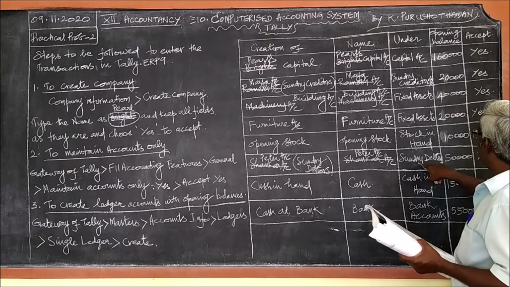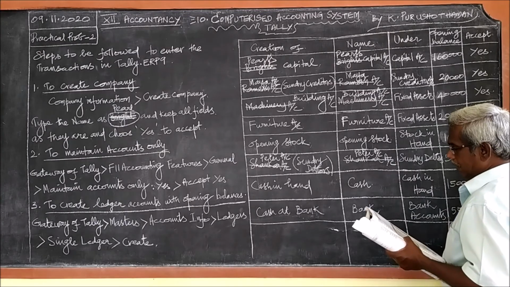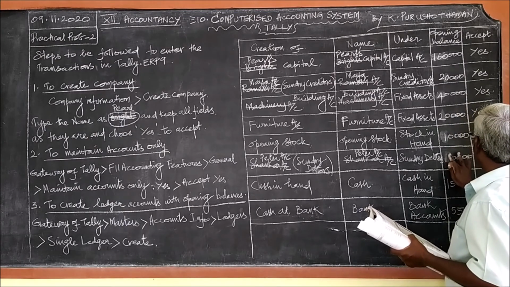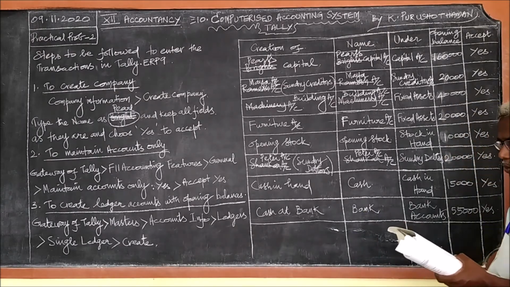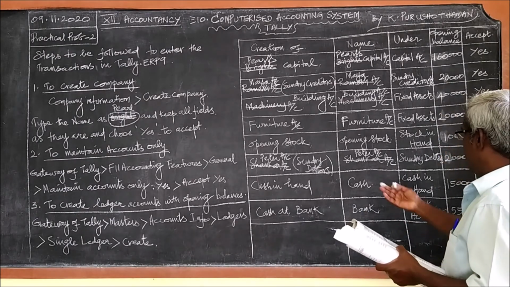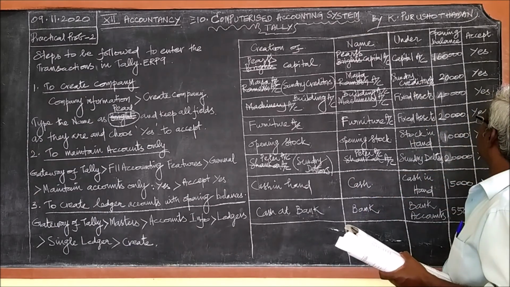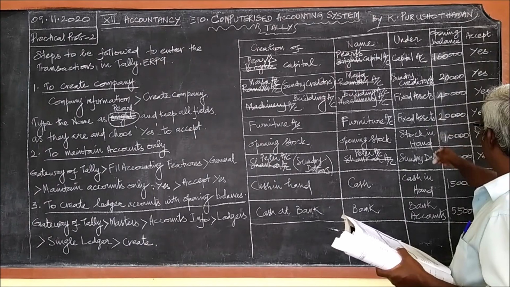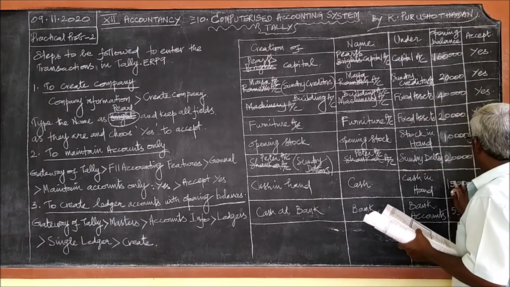Therefore, the common group name is sundry debtors account. The amount will be 20,000. Then the next one is cash in hand. The same thing. Name of the account, cash. Under what heading should it be? Cash in hand. What is the amount? Cash in hand, 30,000.